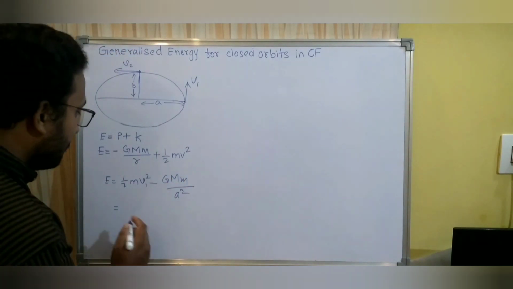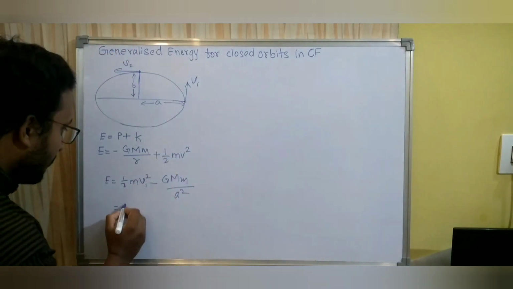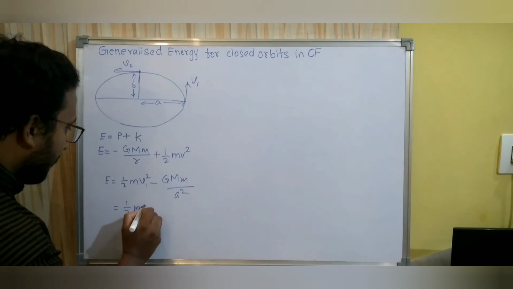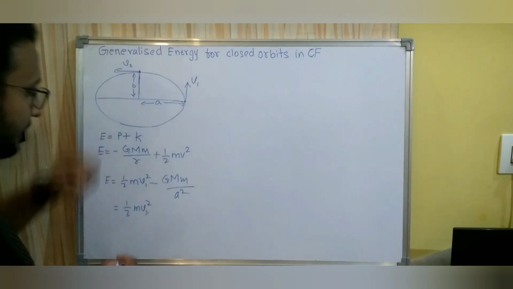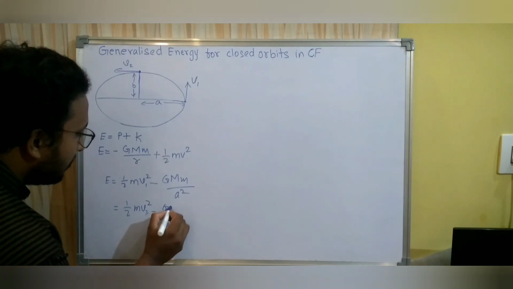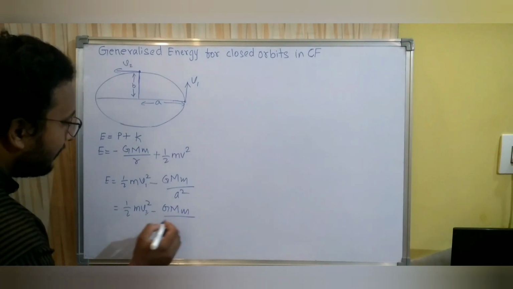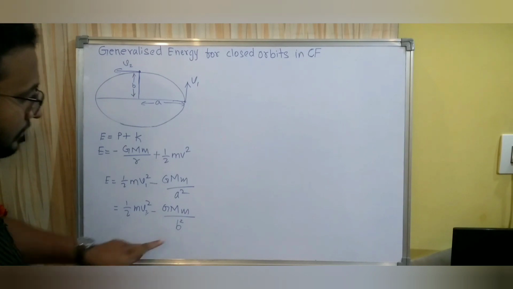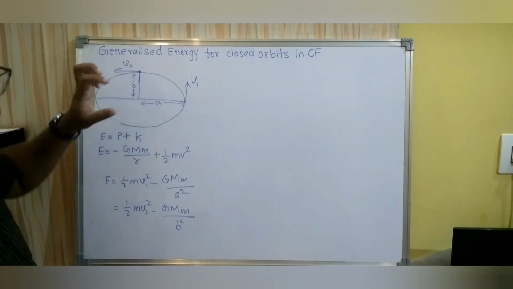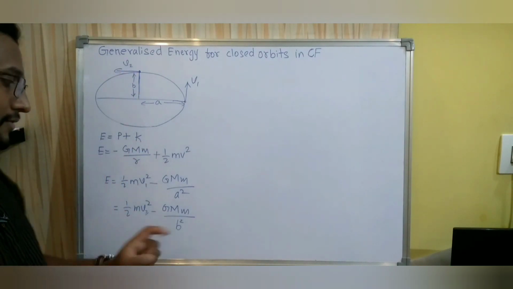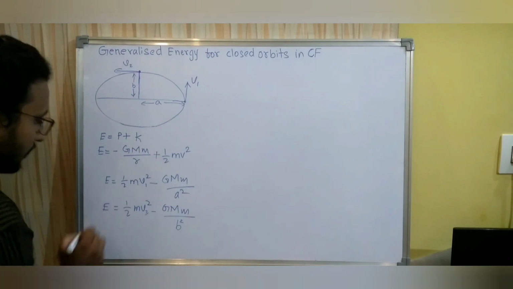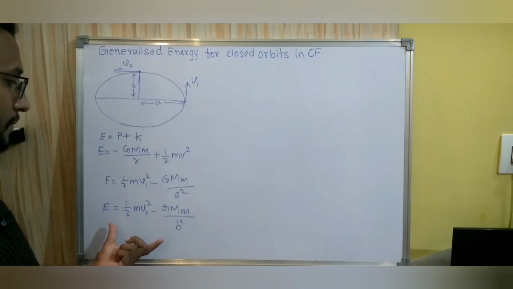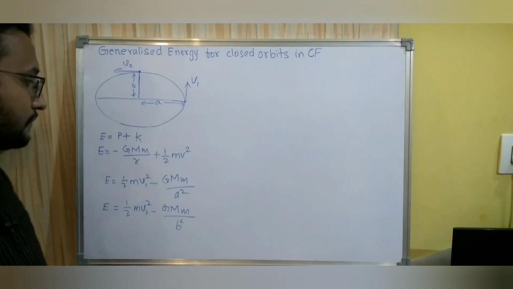So this is also equal to half m v2 square, where v2 is the velocity at this point, minus GMm divided by b, because the distance here is equal to the semi-minor axis. This is also the expression for the total energy.